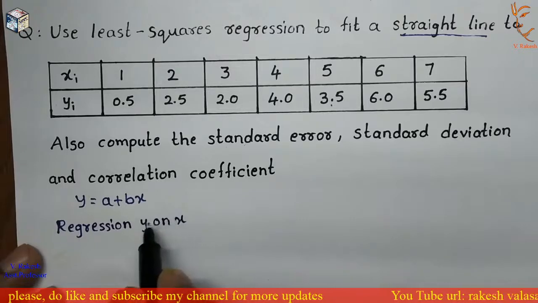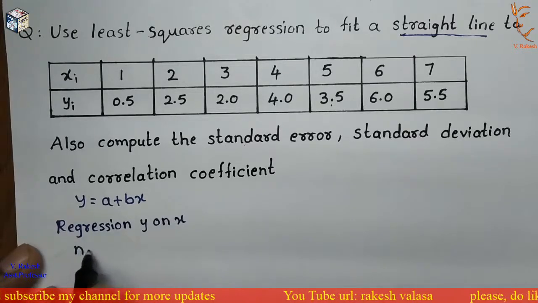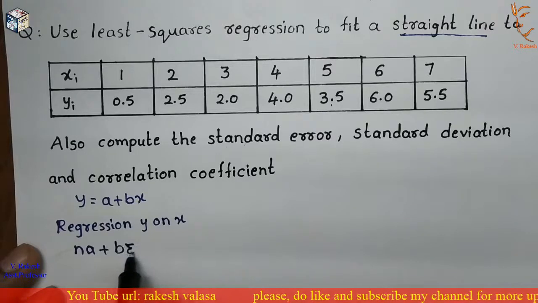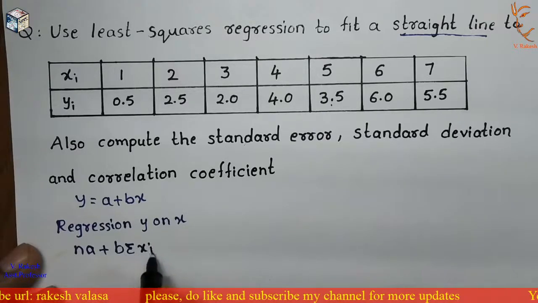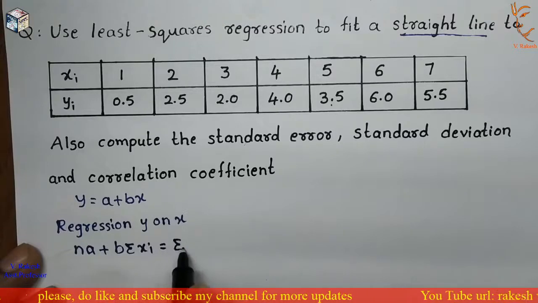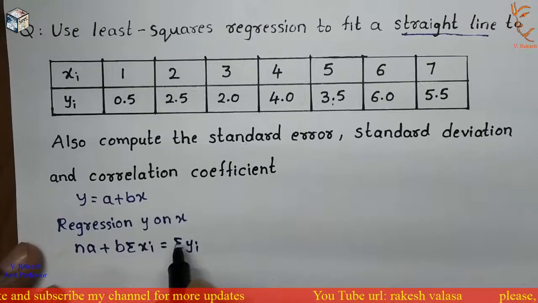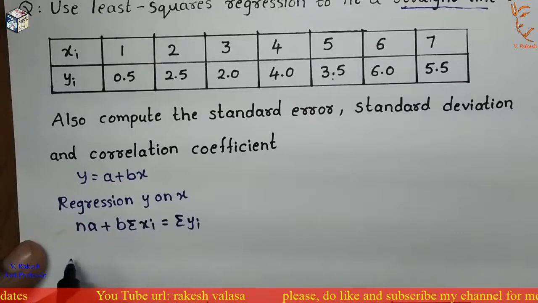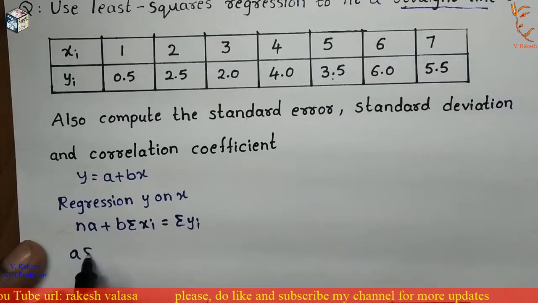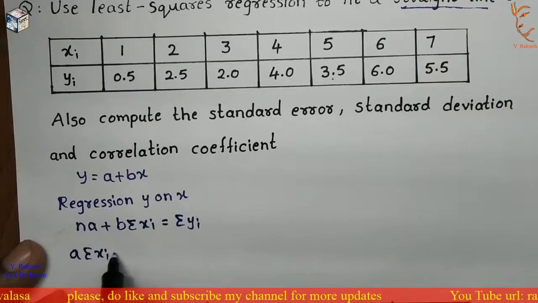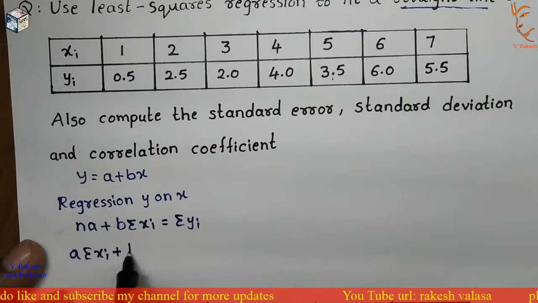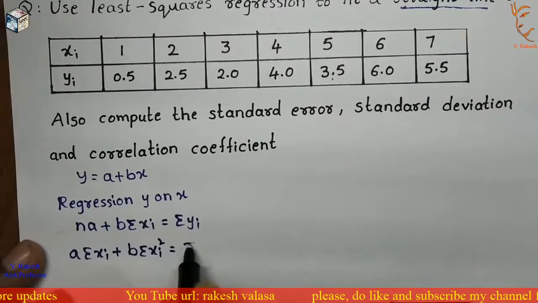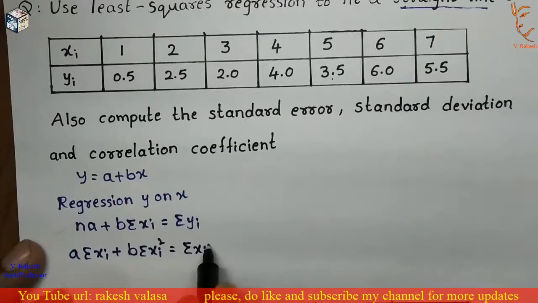We know the normal formulas: na plus b summation xi equal to summation yi. The second one is multiplying this equation with xi, that is a summation xi plus b summation xi square equal to summation xi yi.